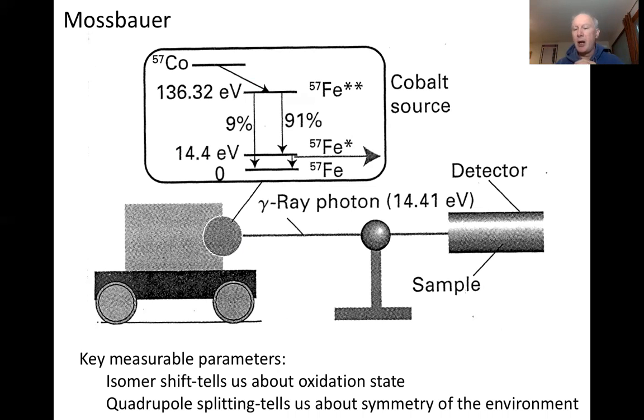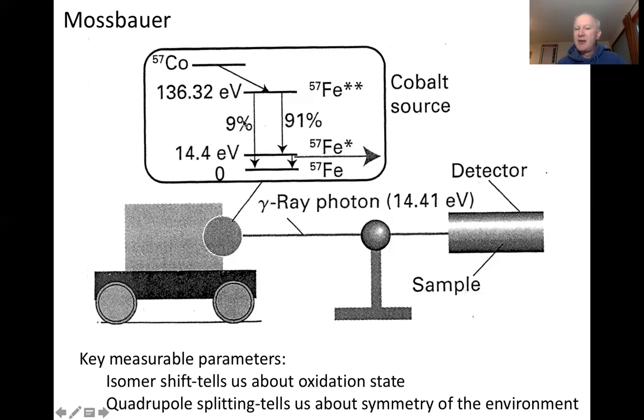Now, it turns out it's really hard to get a source of gamma rays. And so what you do is you get a radioactive source. In this case, the sample is iron. We start with a radioactive source of cobalt, and that cobalt decays to an excited state of iron, and that iron then gives off a gamma ray when it decays.